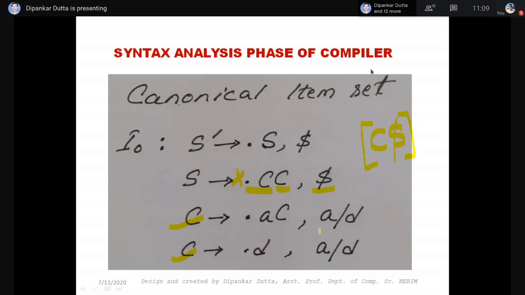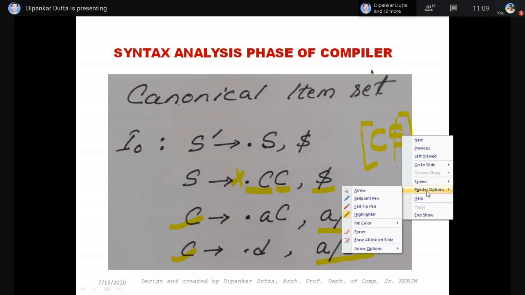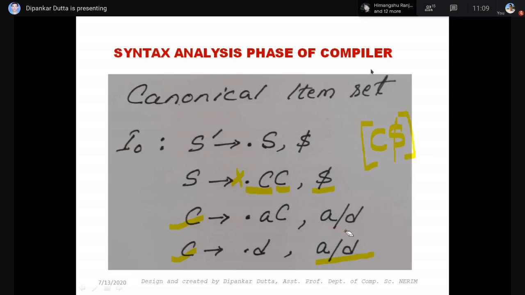But what about the look aheads? How to calculate these two? Now we concentrate on these look aheads. Now beta is C, A is dollar. So what is the first of beta dollar? First of beta means what?